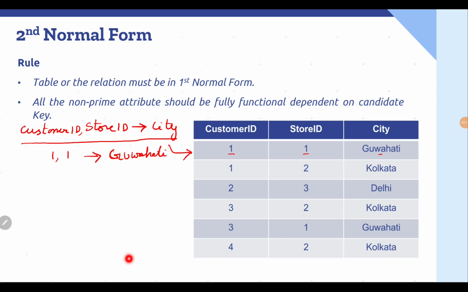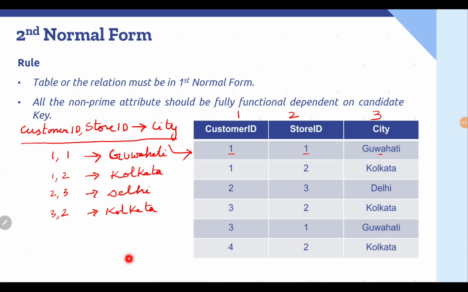If you consider the second one, 1,2 is Kolkata. 2,3 is Delhi. Next one, 3,2 is Kolkata, and so on. Now if you look at the combination of these values, this is column 1, this is column 2, this is column 3, or you can say different attributes.